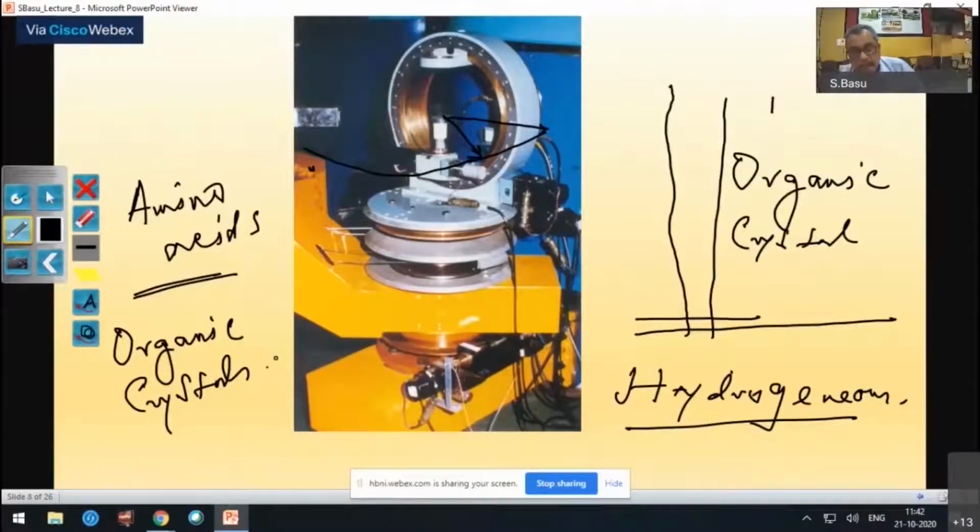And even today, organic single crystals, which are also somewhat easier to grow, are routinely studied this way. This is a part of the suite of instruments that I am trying to show you.